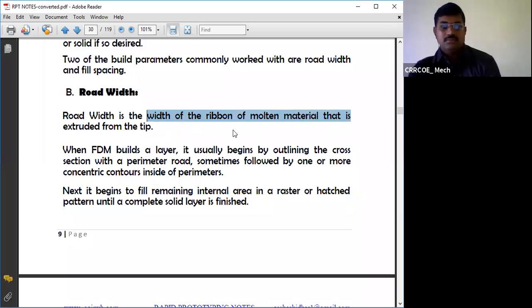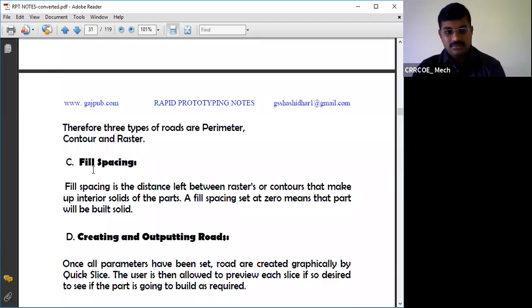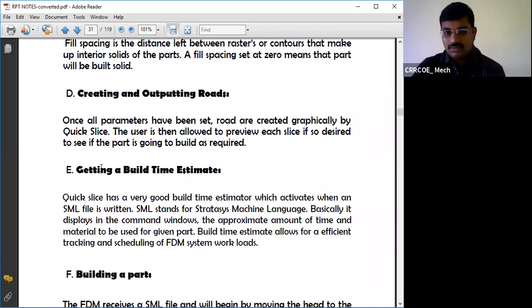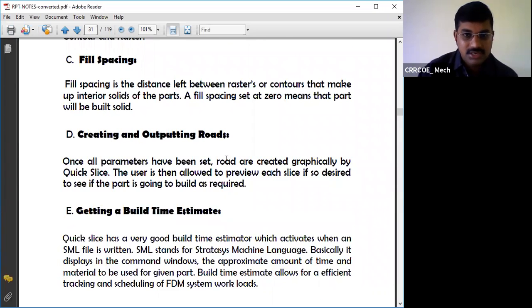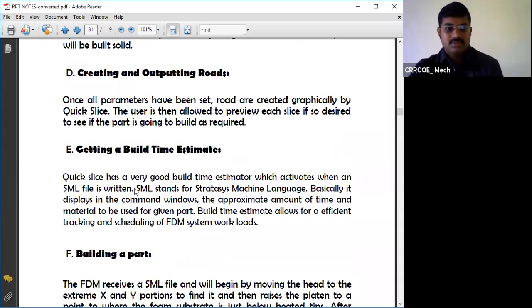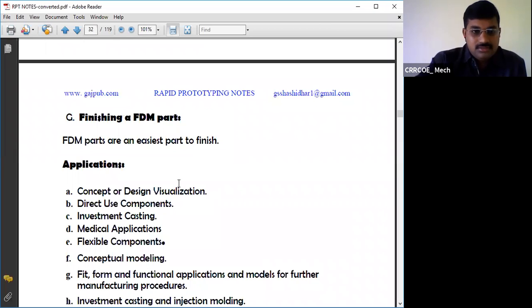Then fill spacing, creating and outputting roads. Once you read, you will have knowledge and it can be easily understood. If you have any doubts, ask me after reading these notes. It is also available online. I have not prepared this.